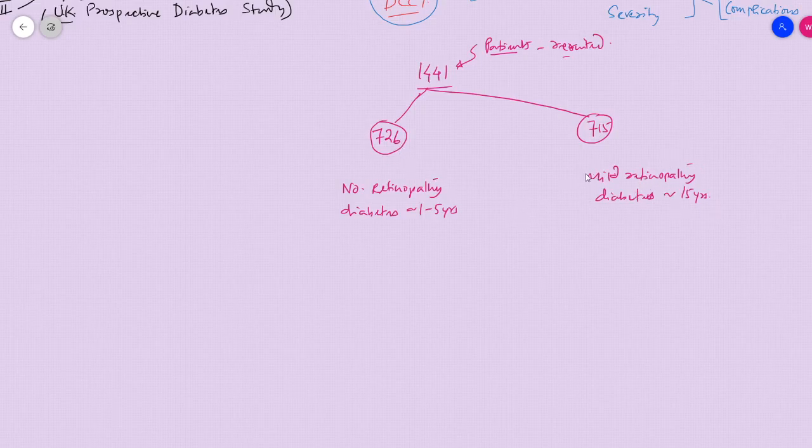Then what happened was, these two groups of patients were randomly assigned, randomized, and based on the group, they would be assigned to conventional therapy and intensive therapy.